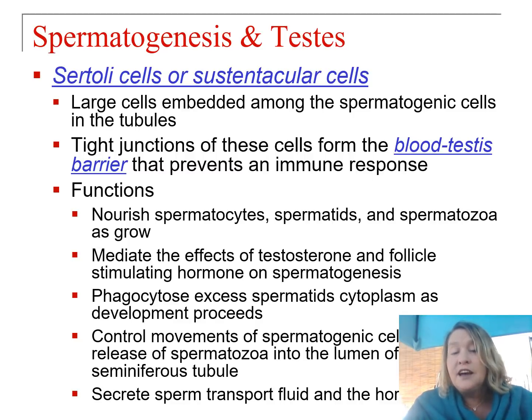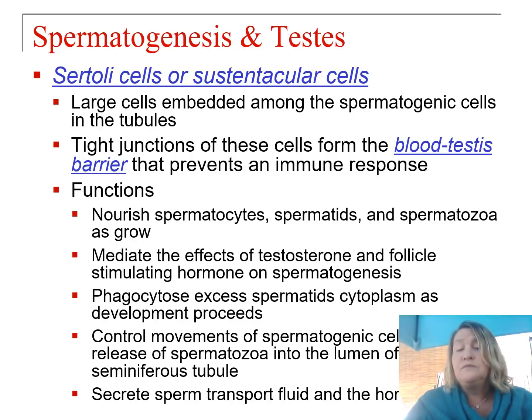They'll phagocytize excess spermatid cytoplasm as development proceeds. Because as you're going to see, the very first spermatids and spermatocytes have a lot of cytoplasm, and it's the job of the Sertoli cell to remove that cytoplasm as the sperm grows.